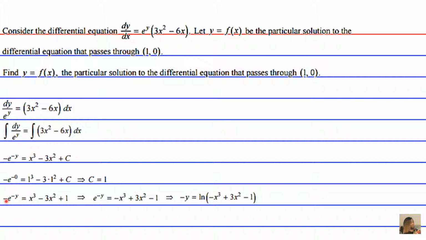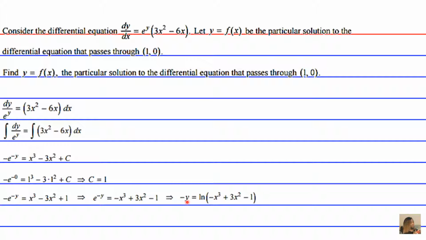All right, and the next phase is that we take the natural log of both sides to get rid of the exponent on the left-hand side. So we end up with -y = ln(-x^3 + 3x^2 - 1).